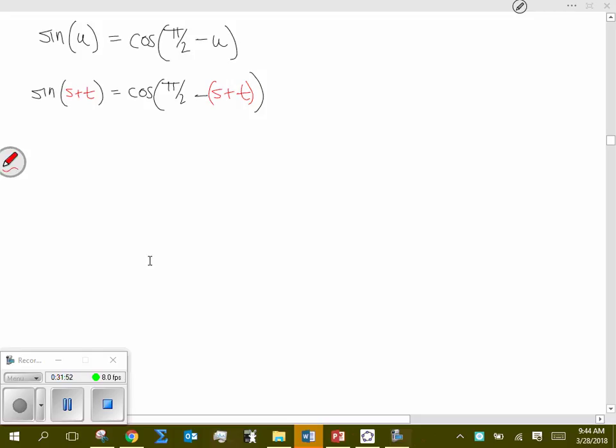All right, so I'll try to color code things there for you. We see that the u is being replaced with s plus t. So then on the right-hand side, I replace that u with that sum of s plus t, right?